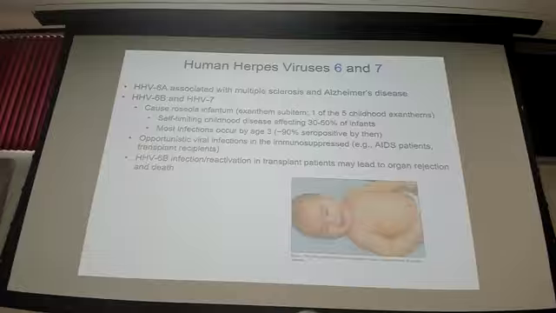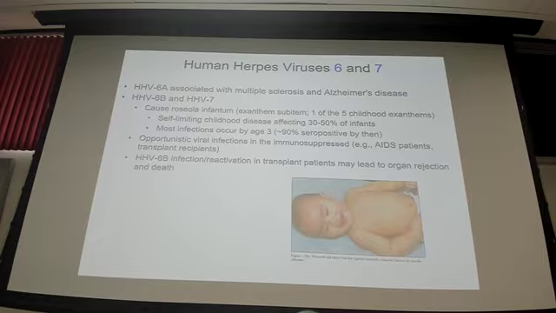This should be a pretty impressive stat. 90% of people are seropositive by the age of 3. So this virus does really well. Again, when we as people get exposed to this as babies and get this rash, it establishes latent infection and usually does not cause a problem at all later in life.